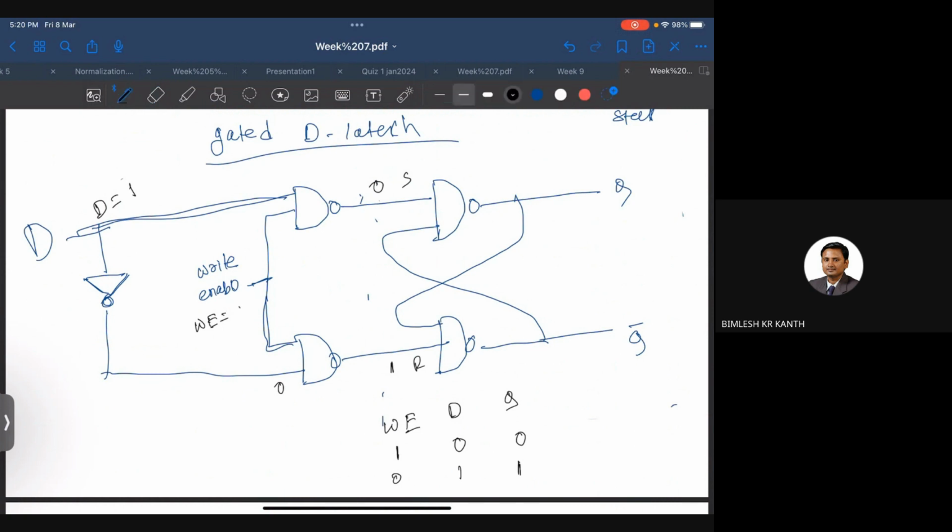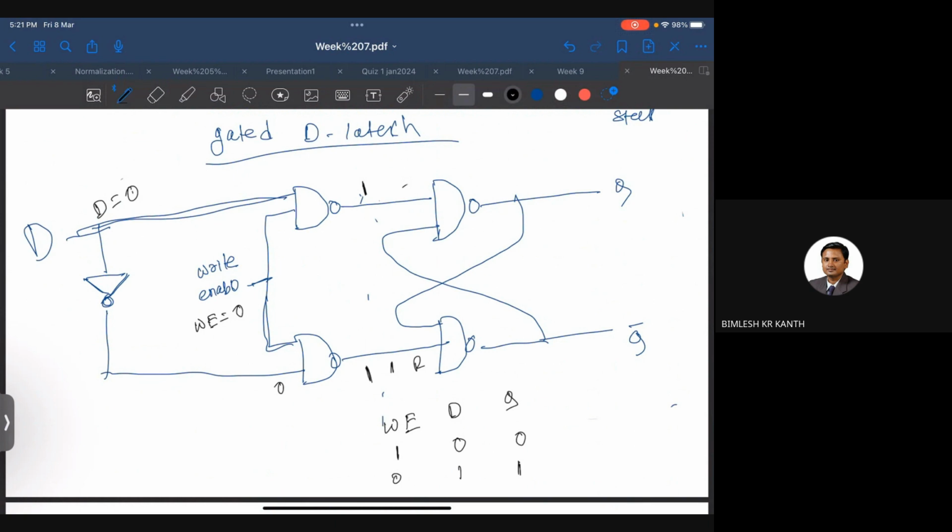What will happen when D equal to 0? That will be again the case of 1 and 1. This will be 1 and this will be 1.